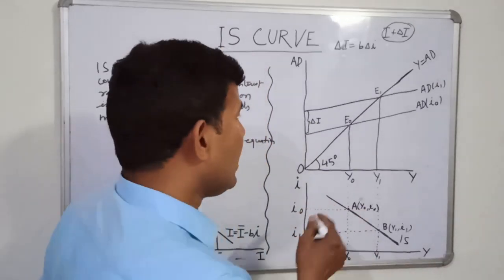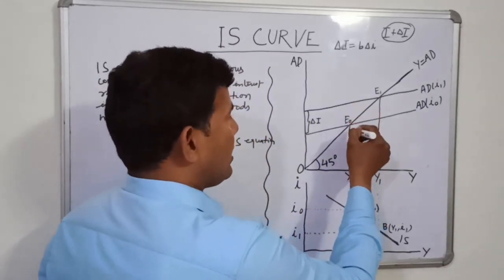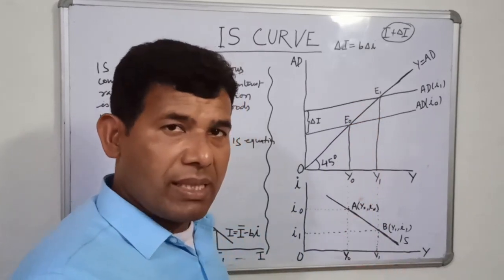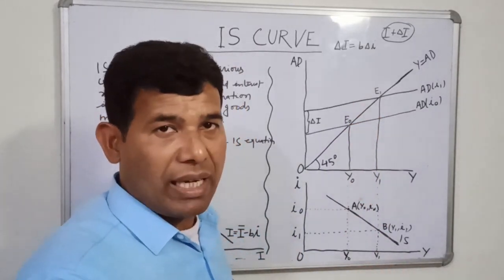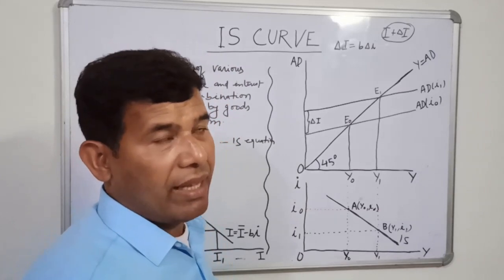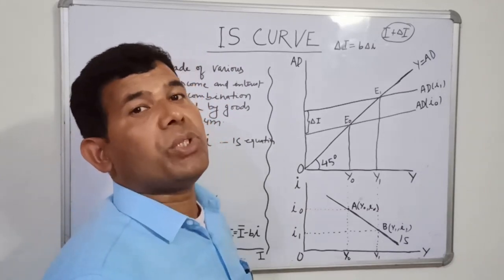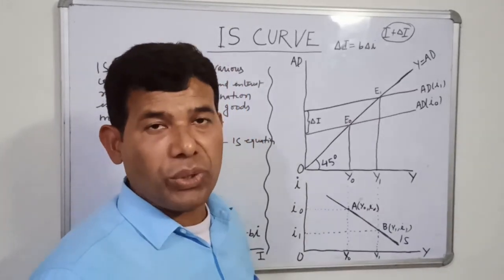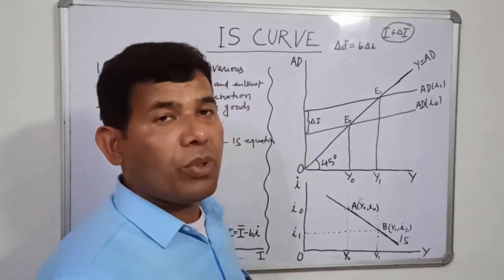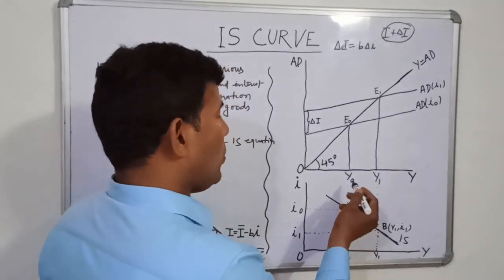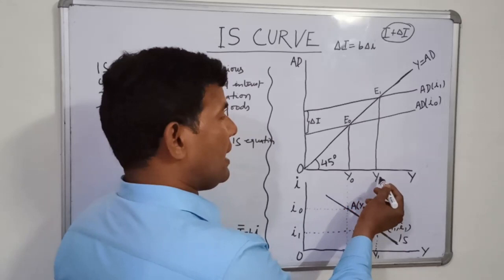No. Why? Because there is excess demand in the economy. The business sector would experience a decline in inventory, and therefore they would produce more, right? Now more production of goods and services would lead to a rise in income level.